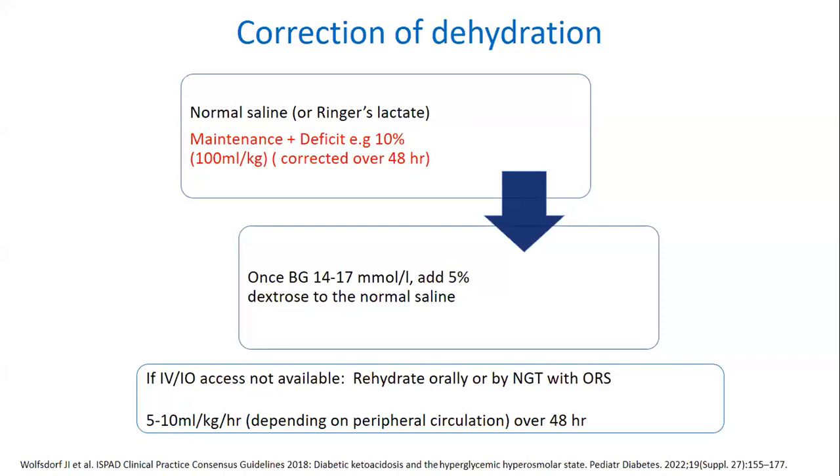And once your blood glucose level is between 14 to 17, you need to use a fluid that has dextrose to avoid hypoglycemia. And then if there's no IV or intraosseous access that is available, you can actually rehydrate orally or by NGT with ORS. That is in centers that are resource limited.